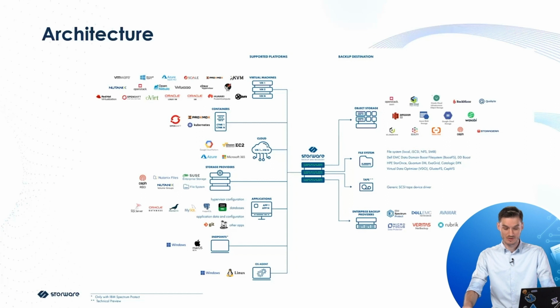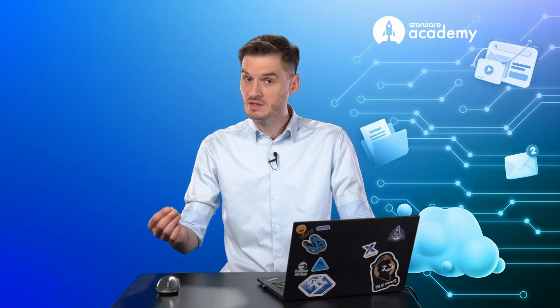A lot is going on here on this slide. On the left side, you can easily see the supported platforms. So what can we protect? Virtual machines, containers, cloud, storage providers, applications, endpoints, and today's topic, the OS agent, which can protect Windows and Linux operating systems. Where can you store your data?